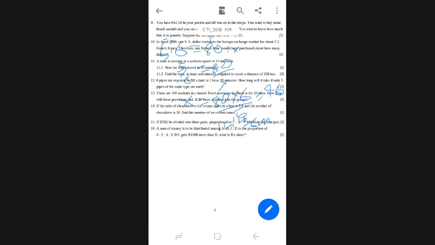It says that 100 students in a hostel, full provisioning for them is for 20 days. How long will the provision last if 25 more students join the group? So when there are 100, the full provisioning will last 20 days.